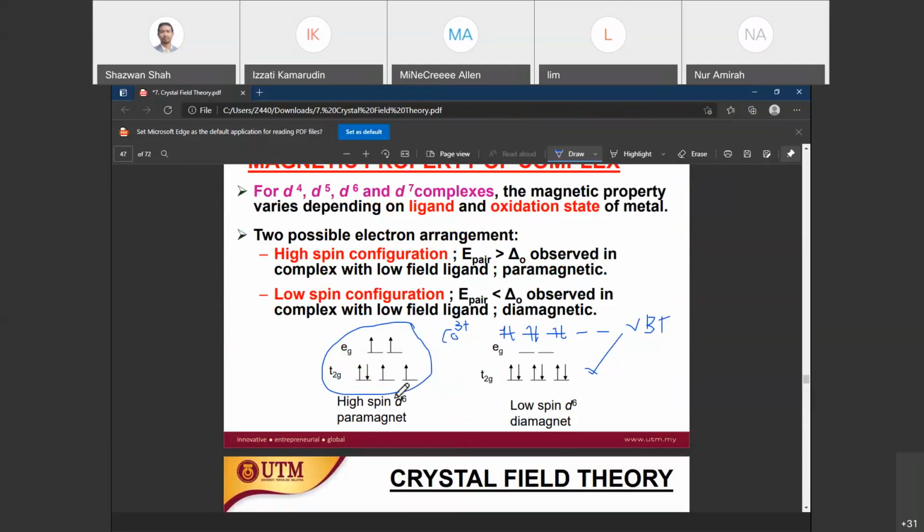If the complex is high spin, that means the splitting energy is small. Normally in high spin the electrons occupy all five d orbitals, so they will be paramagnetic because there are lots of unpaired electrons compared to low spin. So in general, high spin complexes will show paramagnetism compared to low spin.